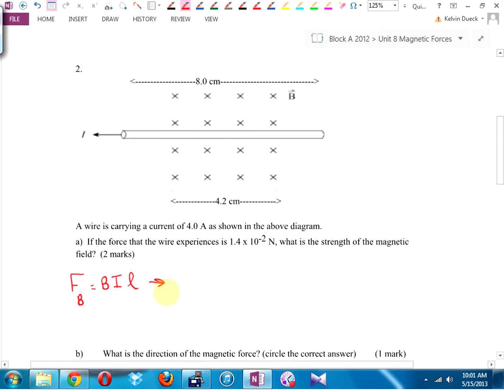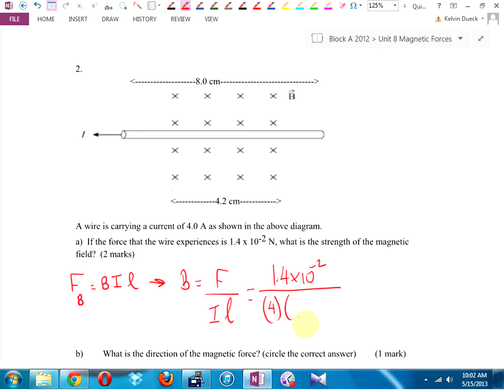What do they want us to find here, Ty? They want us to find magnetic field strength. Oh, B is going to be what? F over IL. It's going to be 1.4 times 10 to the negative 2 divided by 4 and divided by, which length? They gave me 2 in the question. Am I going to use the 8 or the 4.2? Technically neither, because they're in centimeters. I'll convert them to meters.